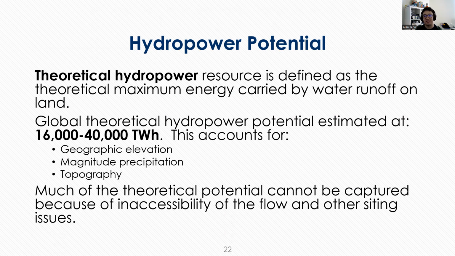That's purely a function of the geography and the amount of rain that you're getting. But a lot of it can't really be captured. You might not be able to access the flow of water, and there might be other siting issues. But that's just to give some perspective of the total amount of energy that you could get.